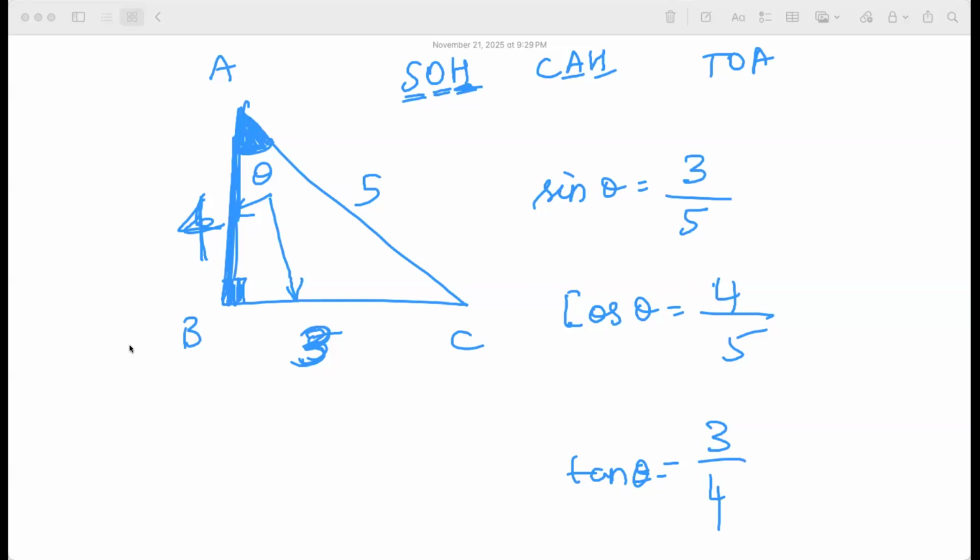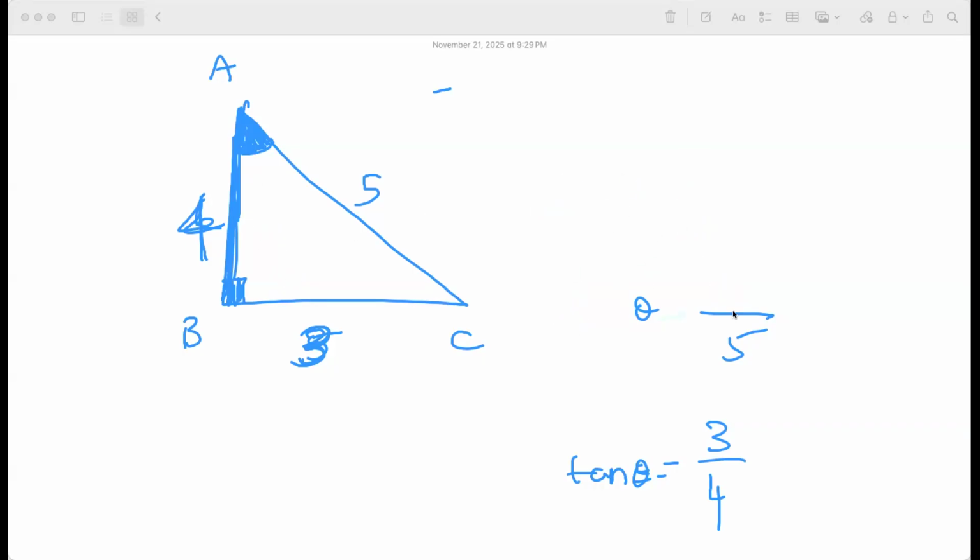Suppose they can make it very complicated, you know. They give you the sides of the triangle. They didn't ask you the trigonometric ratios, okay? They ask you what is theta value. Now 3 times 2 is 6.